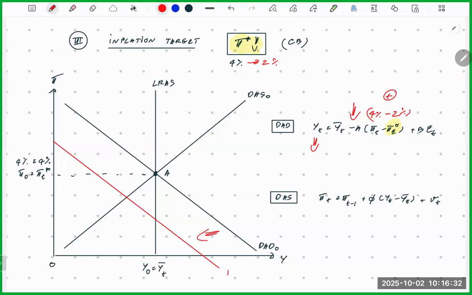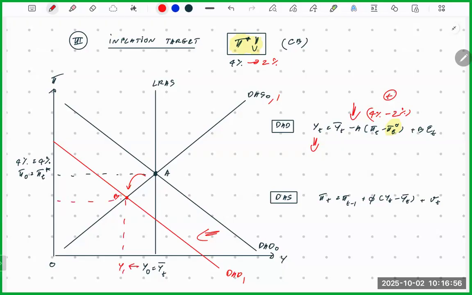People slow down their spending. This is DAD time 1. DAS is still the same because at equilibrium point A, everything is still normal. The equilibrium point moves from A to B. Okay, economic slowdown, Y1.